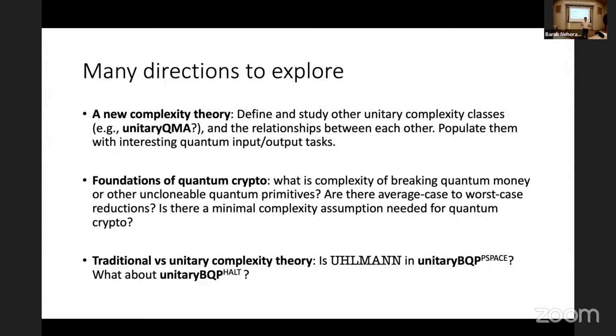You can ask, for example, whether there is a minimal complexity assumption needed for all of these objects, which is not known. Finally, we'd like to relate this new complexity theory to traditional complexity theory. So there's the question of whether Uhlmann is contained in unitary BQP given oracle access to a classical PSPACE oracle, or even an oracle for solving the halting problem. Or can we give evidence for or against? All right, so that's it.